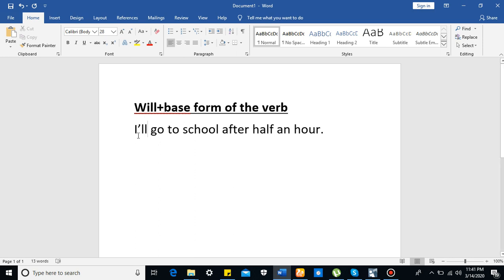And for all the pronouns, like he, she, it, they, you, we, we use will and the base form of the verb after that. So that's how we write the sentence.